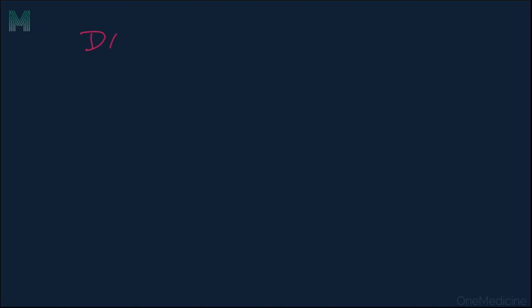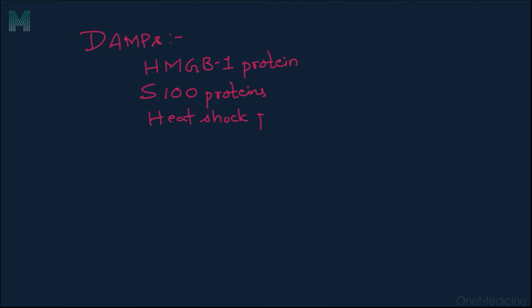Some examples of danger associated molecular patterns include high mobility group box 1 protein or HMGB1 protein, S100 proteins, heat shock proteins, mitochondrial DNA, and metabolic molecules such as ATP.